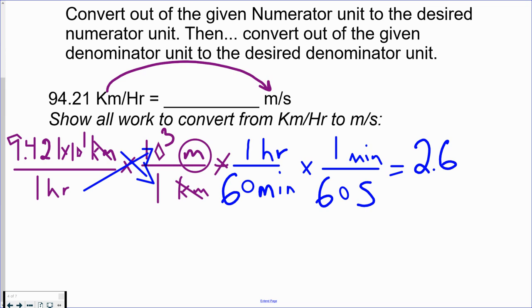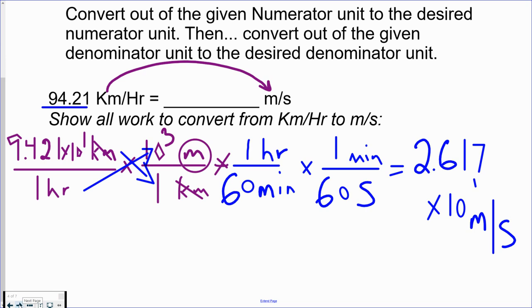Sig figs goes off of your original answer. That has 4, so I need 4, times 10 to the first, and that is meters per second. So that's about 26.17 meters per second. It's pretty fast.